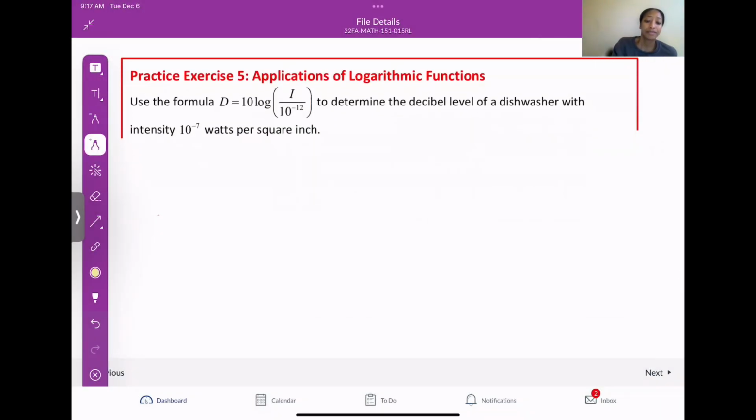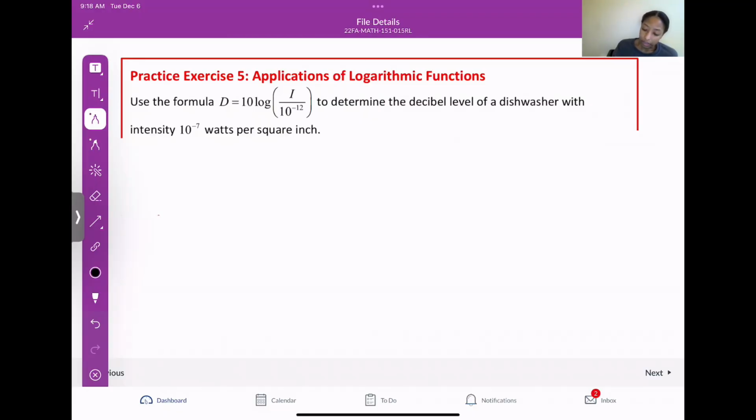Practice example 5 deals with decibel levels. Use the formula D equals 10 log of I over 10 to the negative 12th power to determine the decibel level of a dishwasher with an intensity of 10 to the negative 7 watts per square inch.